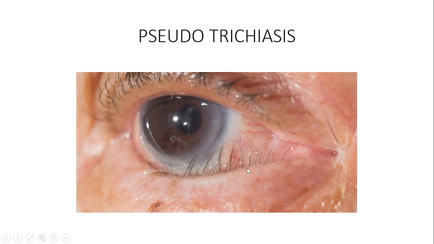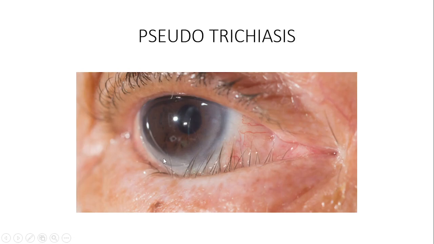It's difficult to even find the margin of the lower eyelid. Why? Because it has been turned inwards, towards the eyeball. So automatically it carries the eyelashes together with it, and you see the eyelashes impinging negatively on the ocular surface.